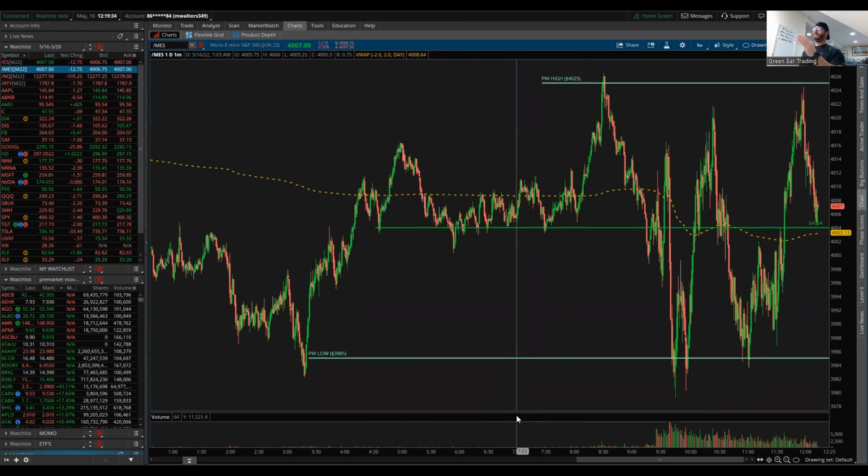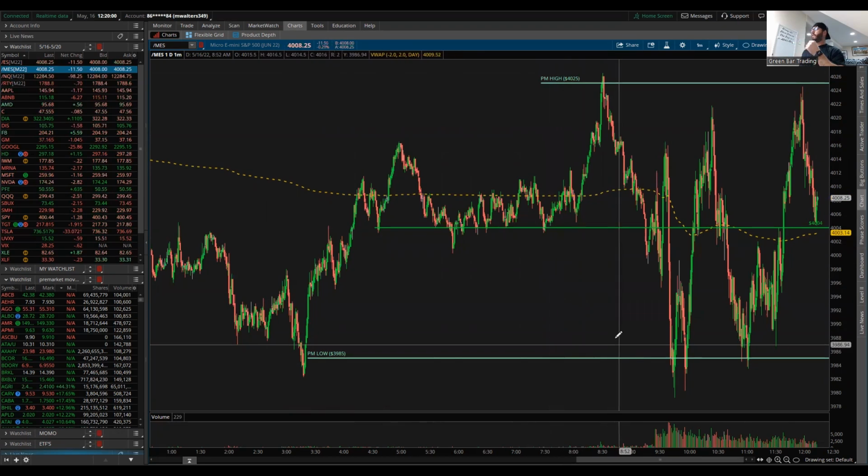I like to take that pre-market starting at the UK Open, and with futures, it's Globex trading, so they trade all night long. So I have my pre-market low that we mark off, and then at 8:30 Eastern time, we see our pre-market high.